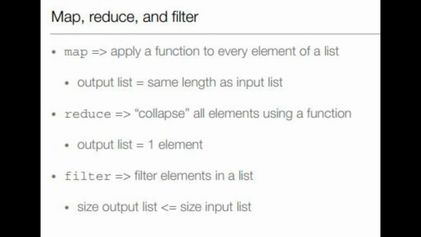So the output of map will give you a list which is the same length. It just applies a function to everything. And with reduce, you will receive just a one element output. And with filter, you can receive a list of length equal to or less than the length of the input list.